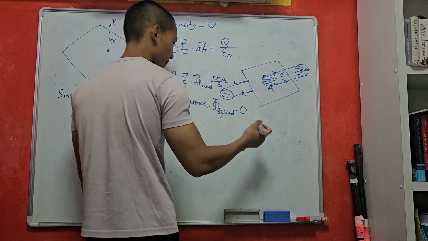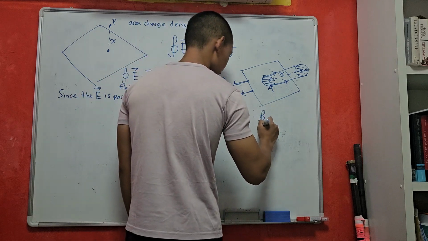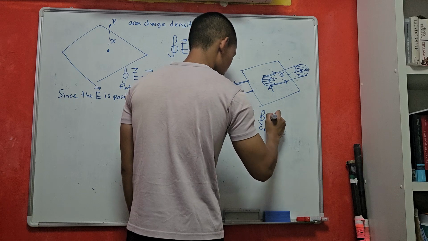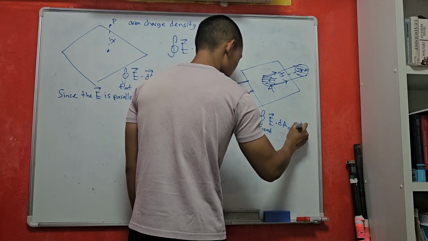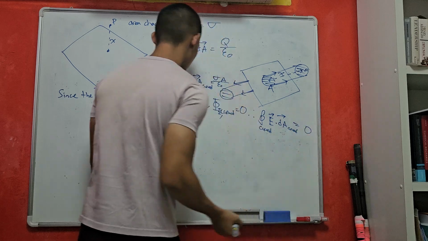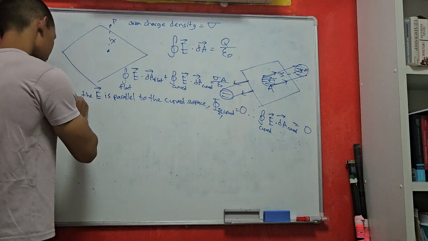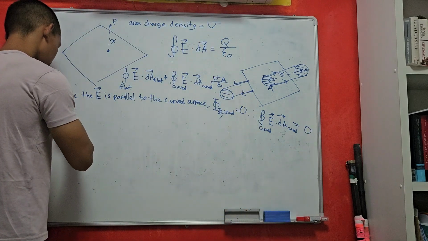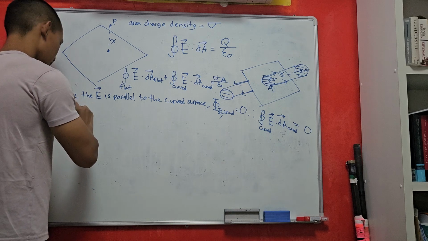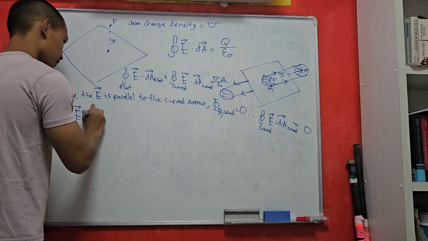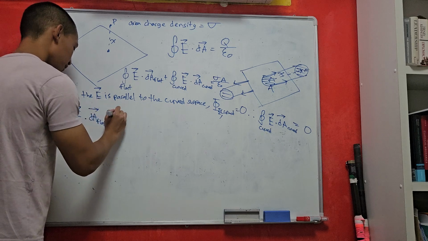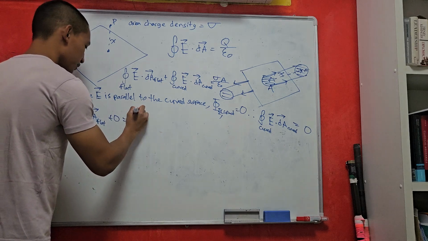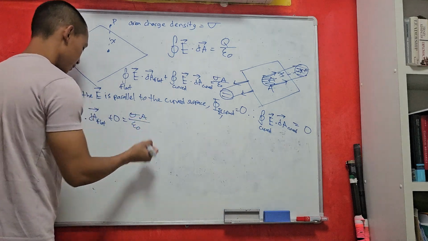Therefore, the closed surface integral of the curved surface is equal to 0. And simply this is just equal to the closed surface integral of the flat surface, E dot dA, plus 0 equals sigma A over epsilon naught.